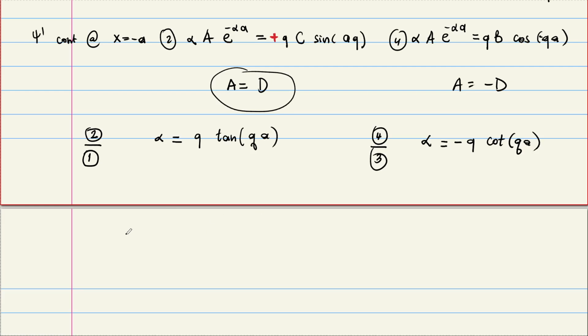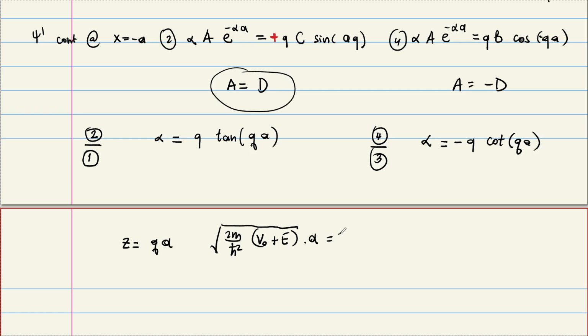So let's define z, which is equal to q times a, and that means 2m over h bar squared, v naught plus e, we know e is negative, times a squared is equal to z squared.